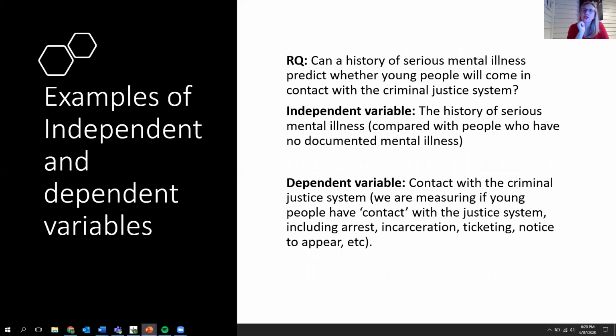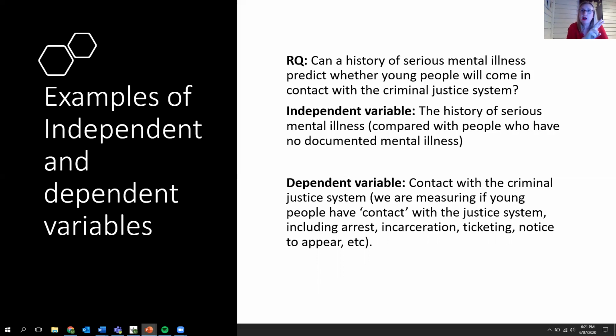For a research question like, can the history of serious mental illness predict whether young people will come into contact with the criminal justice system? Let's break it down into smaller pieces. What am I actually looking at? I'm looking at two elements here, or two variables. One would be my independent variable, and I'm saying that's the one that's going to cause a change in the outcome.